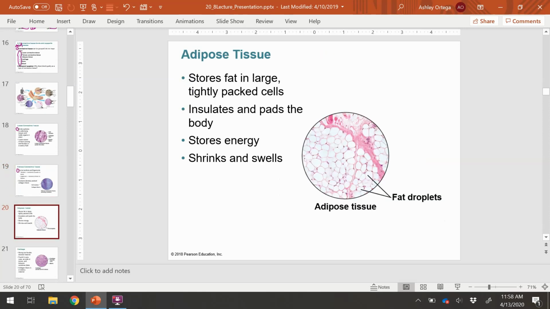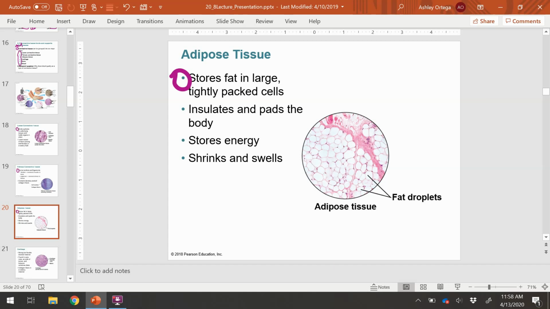Then you have your adipose tissue, your fat tissue. They will store fat in tightly packed cells. This is responsible for storing energy and insulating and padding the body. Interesting fact is that these cells will either shrink or swell. Their cell number usually does not change quickly.